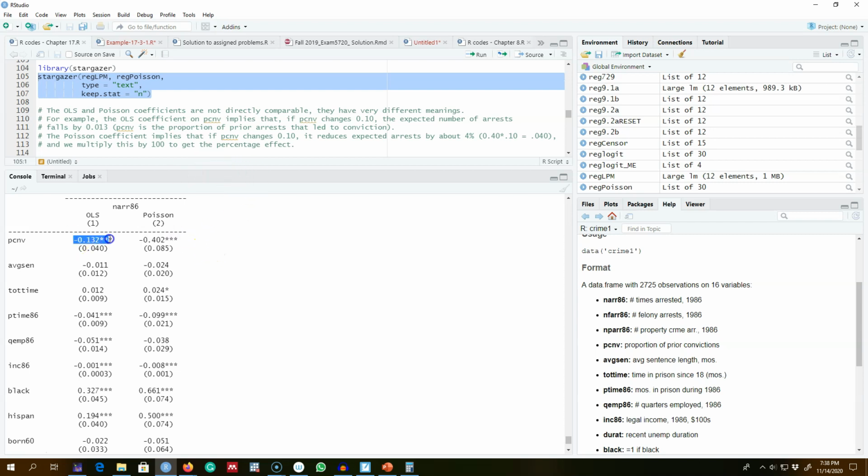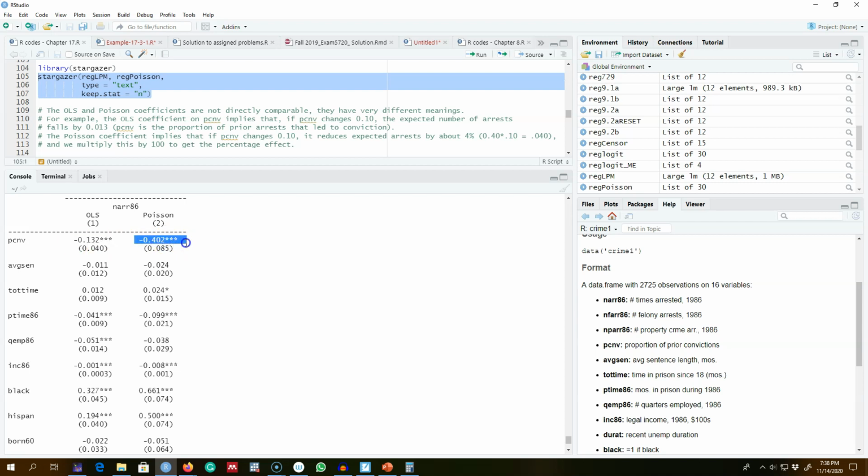The OLS coefficient implies that if the proportion of prior convictions changes by 0.10, the expected number of arrests falls by 0.013, right? So we can talk about the direction of the relationship and the magnitude of the relationship. And we can also talk about the statistical significance in the case of OLS.